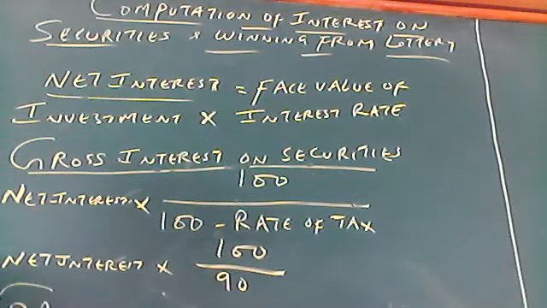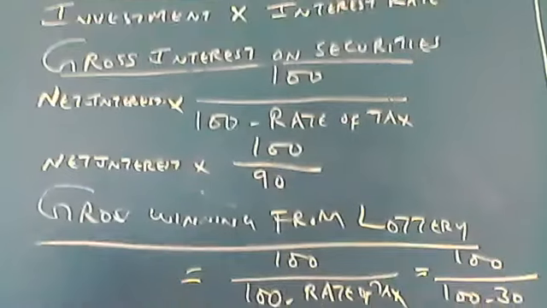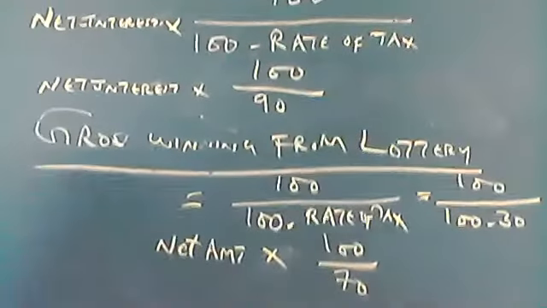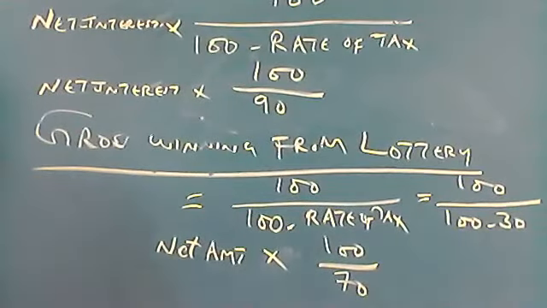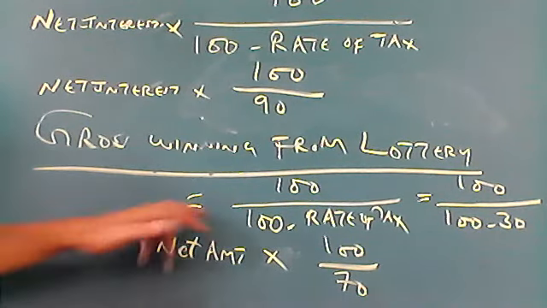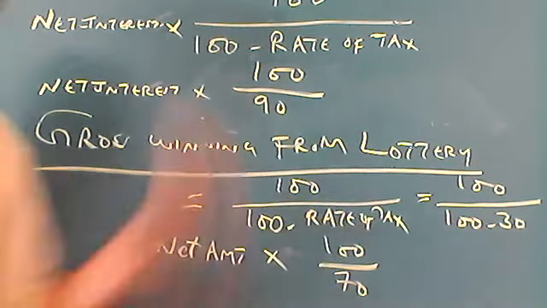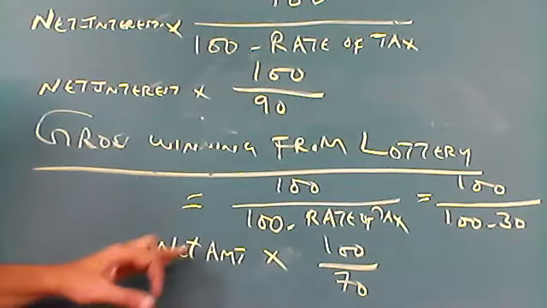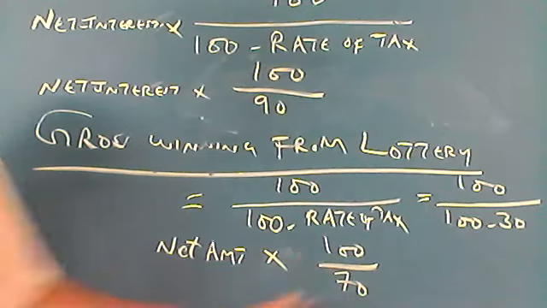Now, suppose we want to find the gross winning from lottery. How to calculate it? Because lottery is considered casual income, you have to pay 30% rate of tax. So 100 by 100 minus rate of tax, that is 100 by 100 minus 30, which equals 100 by 70.